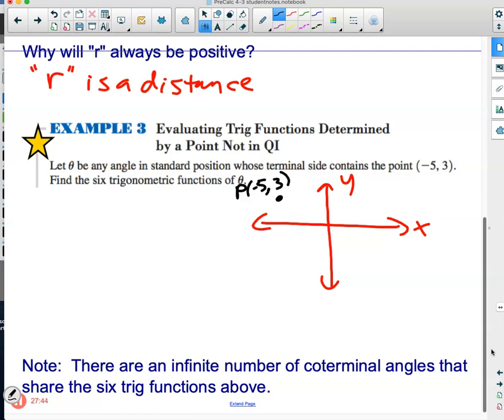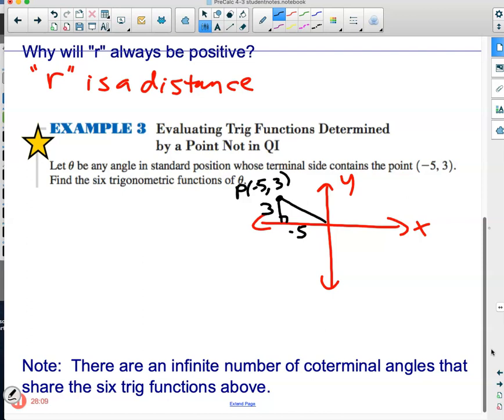But what we need to be able to do is say, well, there's r, and this would be my reference triangle because it has to drop to the closest x-axis. So now it would make sense that the length, not really the length because we're talking about a negative 5, the x-coordinate there would be negative 5, and then our y-coordinate was 3, and we need r again.